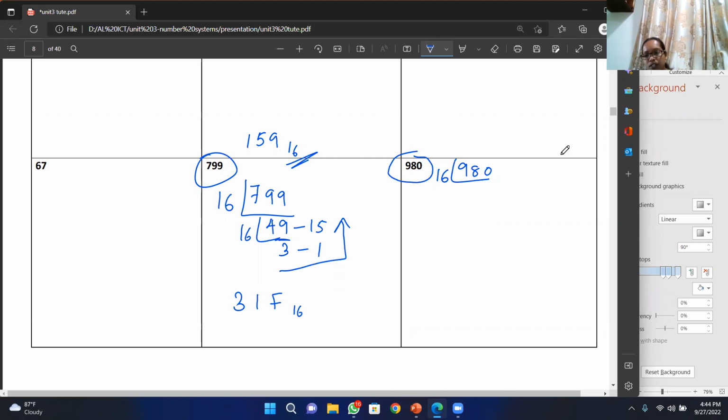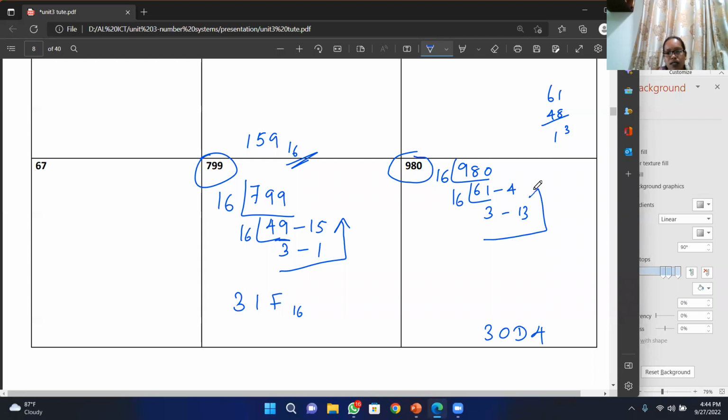Out of Vinutmi or Rahik, let me know the answer for this one. Check again. Rahik. 3D4.